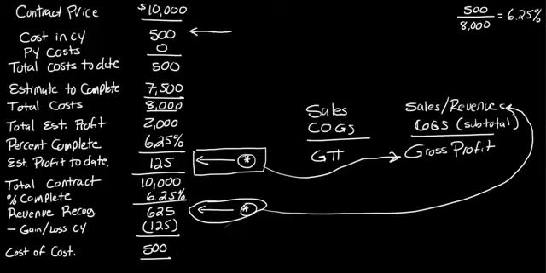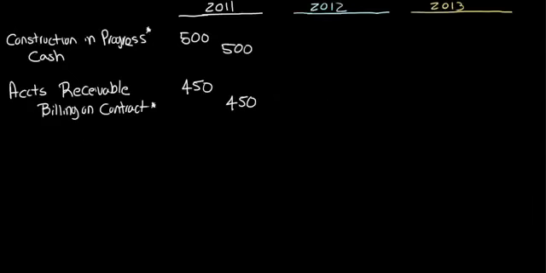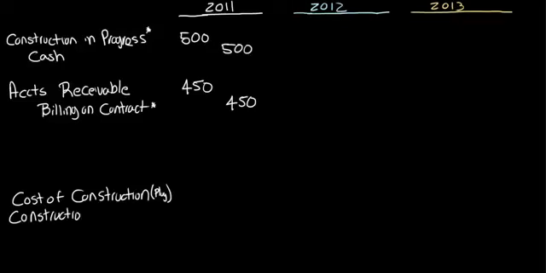So if we're going to put those then in a journal entry, they would go costs of construction, and I'm going to put that first, but in this case it's a plug. Okay. Construction in progress.